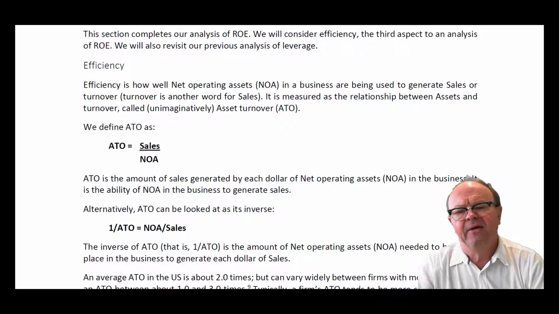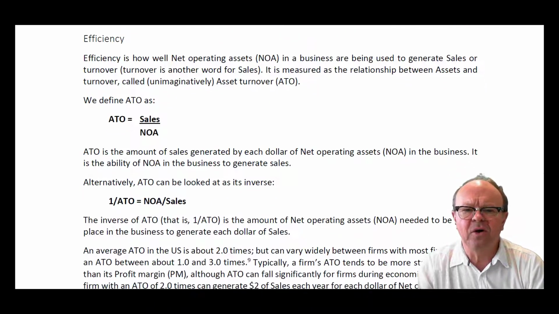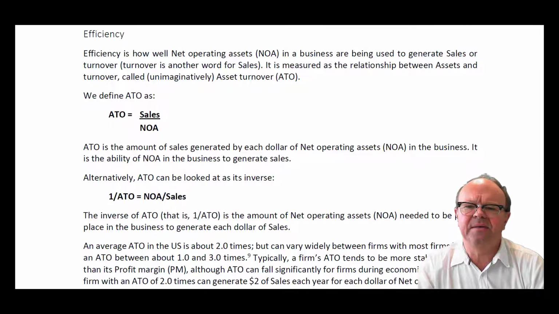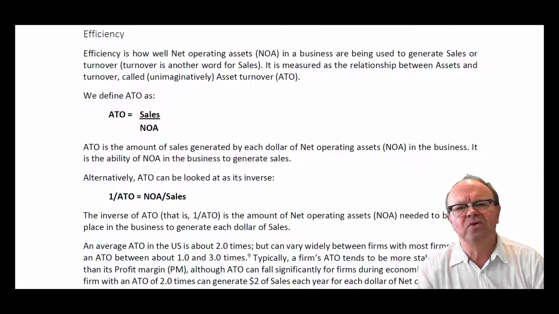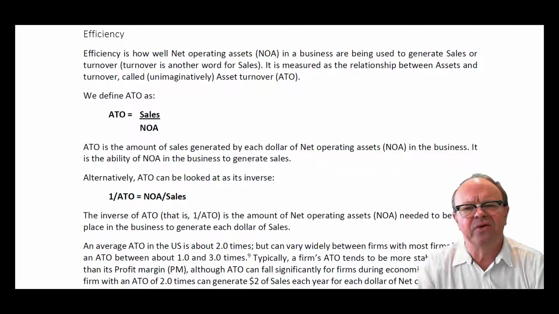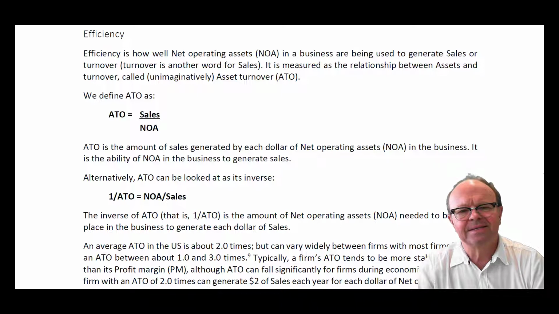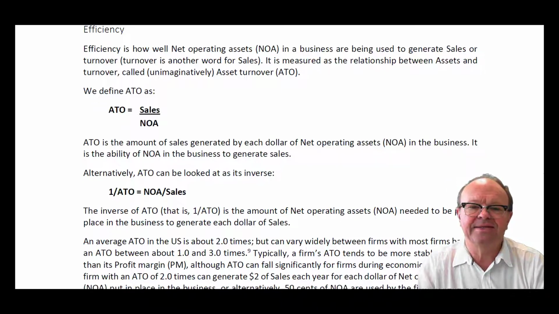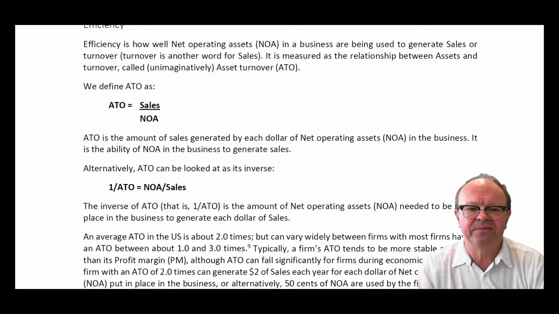Efficiency. Efficiency is how well net operating assets, NOA, in a business are being used to generate sales or turnover. Turnover is another word for sales. It is measured as the relationship between assets and turnover, called unimaginatively asset turnover, ATO.